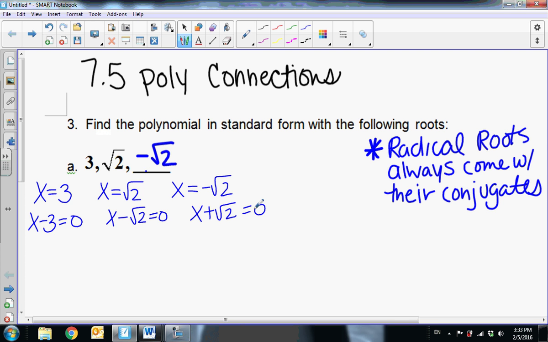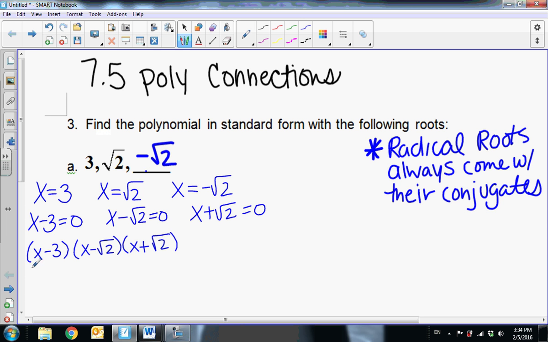Okay, and now I'm going to multiply my factors together. So I've got x minus 3 times x minus root 2 times x plus root 2. I'm going to multiply these factors so that I can get some of my radicals to cancel out.